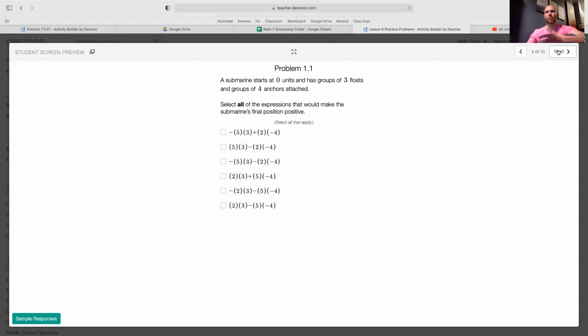All right, and so the submarine starting at 0, it says here. Because of that, really all we have to do is determine which of these expressions equals a positive number. Let's remember our PEMDAS.